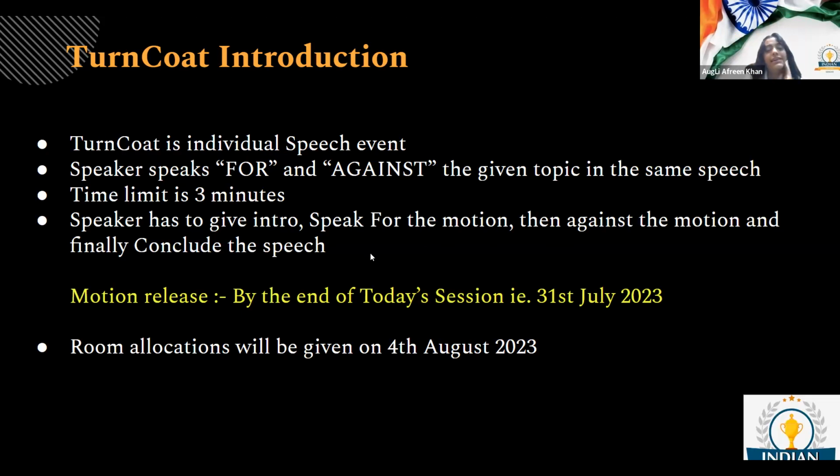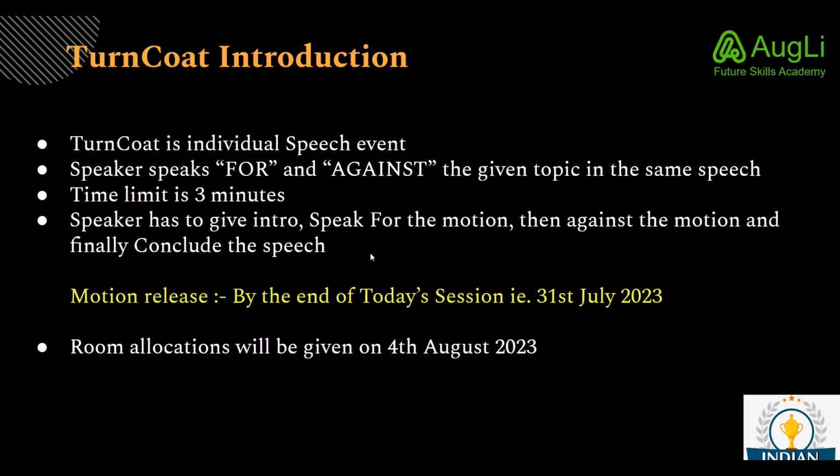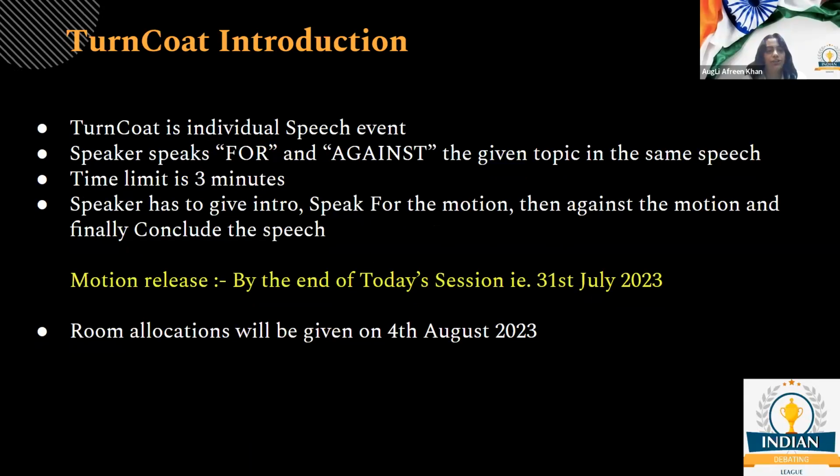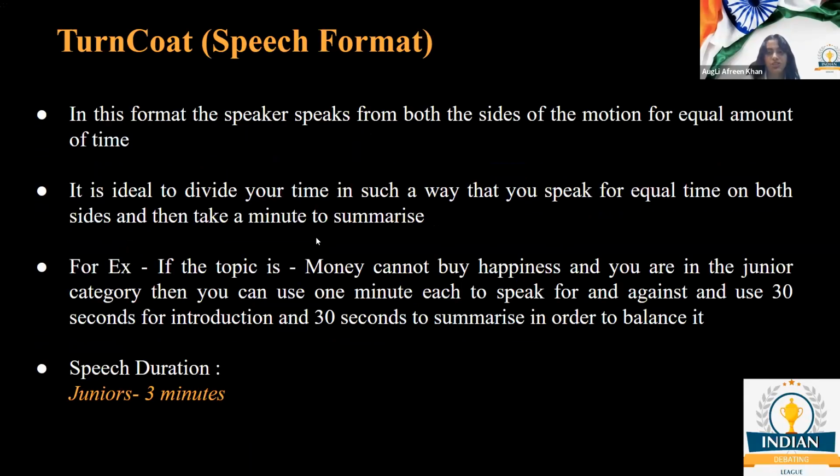All right. So I think this is what the introduction to Turncoat looks like. But let's go into depth on what Turncoat is and how you're supposed to make your speeches. It's clear as of now that you're supposed to speak for both sides, ideally dividing your time equally.